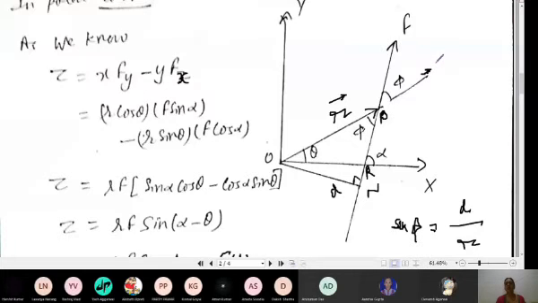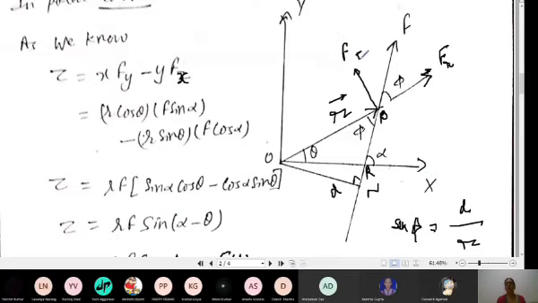If along this direction I want to resolve the force, then this is the radial component Fr. This I may term as the transverse component Ft.